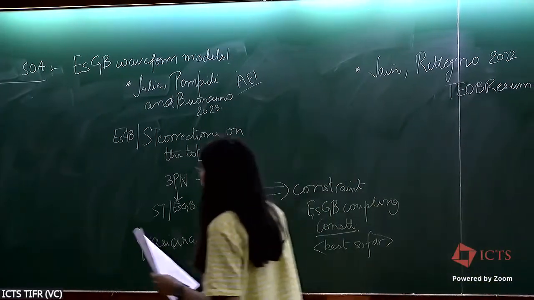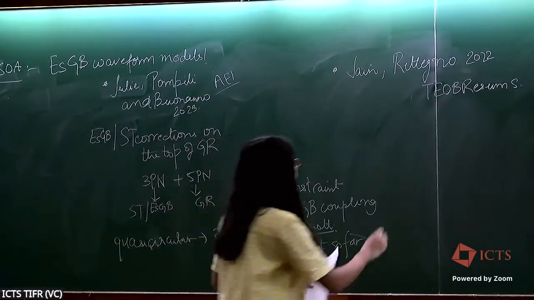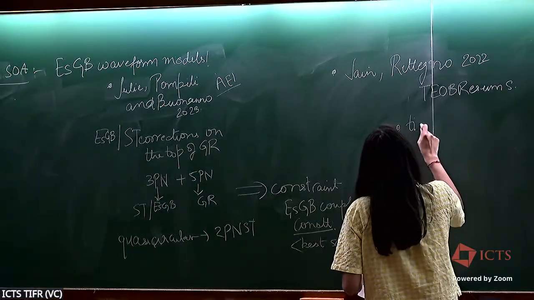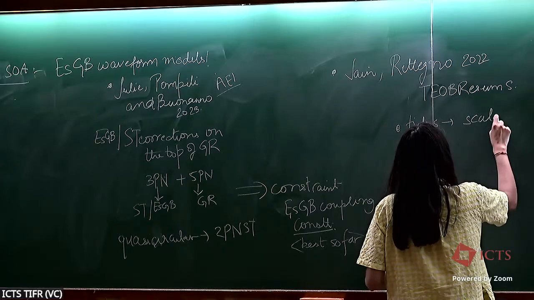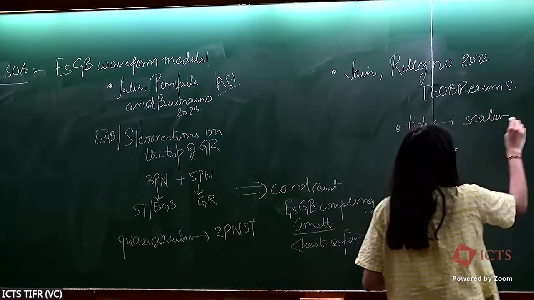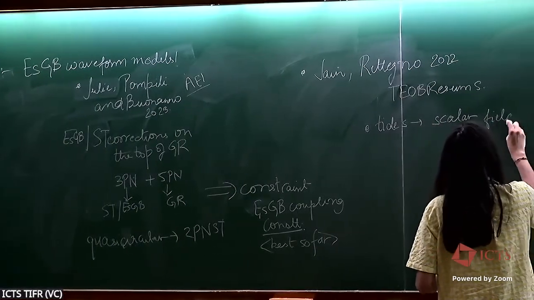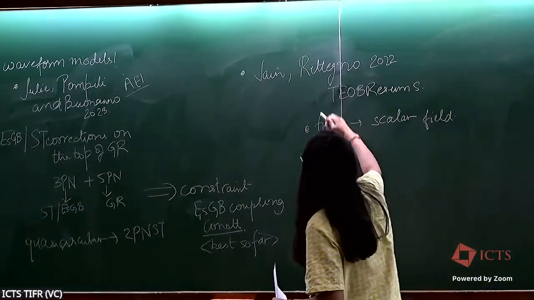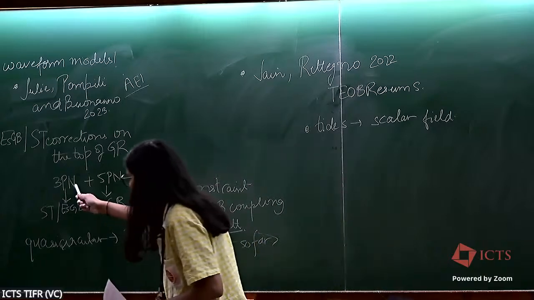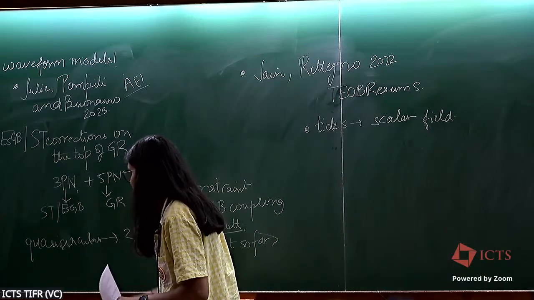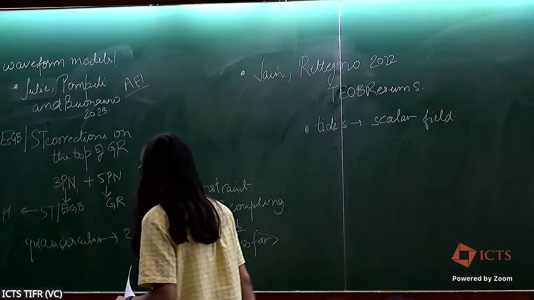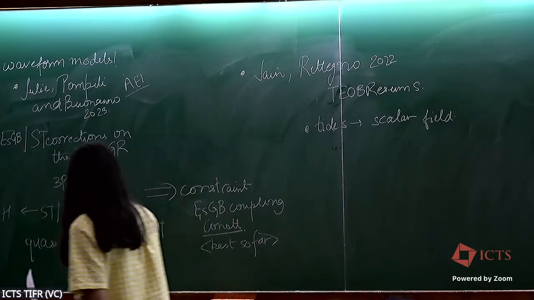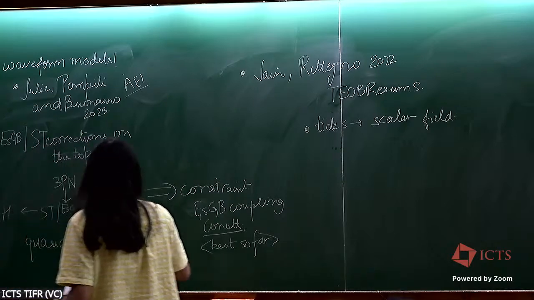And the difference between this model and this model is there are also tidal effects, tides corresponding to the scalar field, added in this model, and there is 3 PN information for the ST-ESGB Hamiltonian and the quasi-circular information for the waveform and the fluxes up to 2 PN.